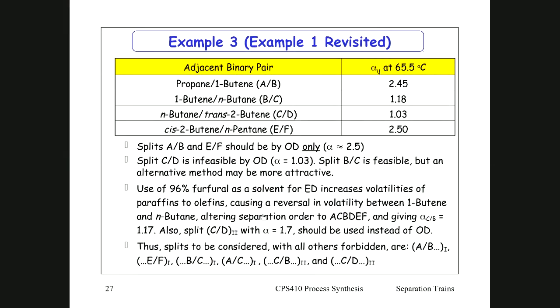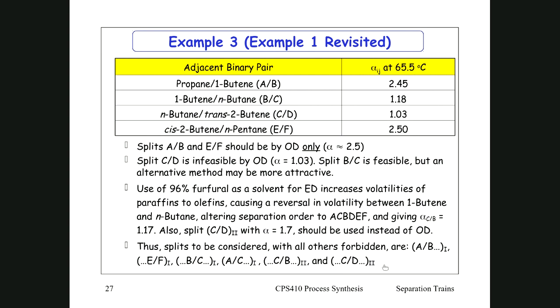And ultimately what it means is, if you look at all of the possible splits, we know that we're going to be taking out all of the butenes together with the furfural, and then we'll separate the furfural. And therefore the splits to be considered, with all others forbidden, are A from B, E from F, B from C, A from C, and then this is C from B using furfural, and C from D using furfural.